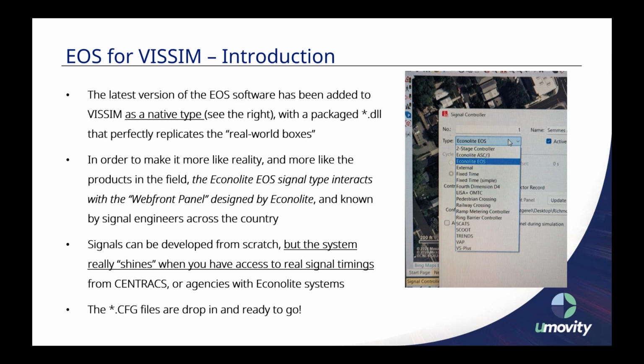Traditionally, with a lot of the signal types in Vissim, you would use text editors or context editors, or even insert context files and then edit them in Vissim. Whereas the EOS system is designed more to take in EOS files and then interact with the web front panel, which is how you would do it in real life if you had an EOS system. That's how it's designed to work, as well as there are some offline configure editor programs.